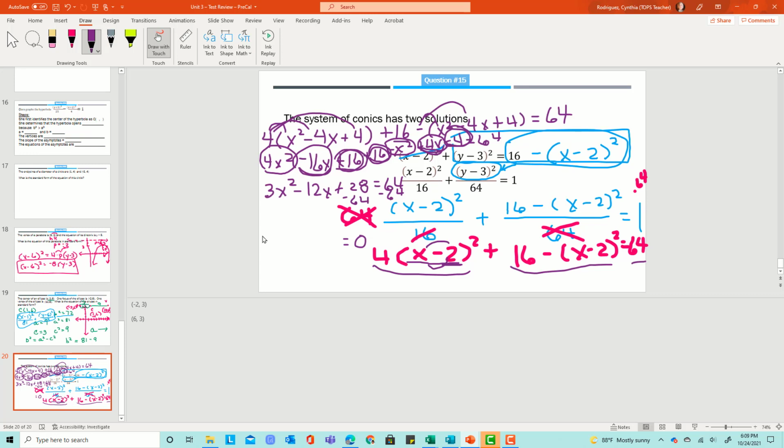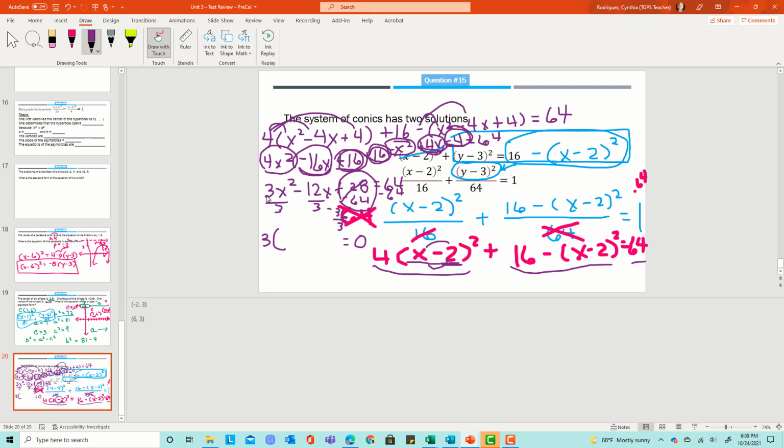And on the left, I'm going to factor a 3 out of all 3 of these terms. They're all divisible by 3. And negative 64 plus 28, I better do that. And then I get a negative 36, which is also divisible by 3.